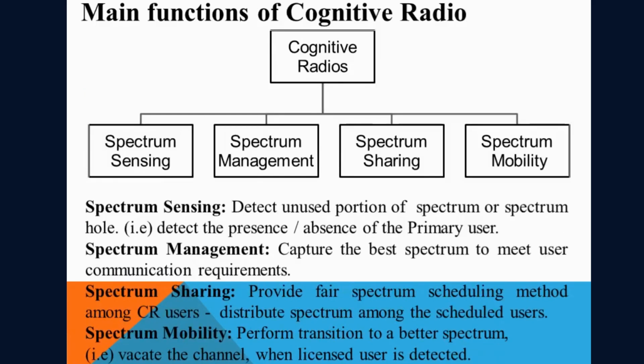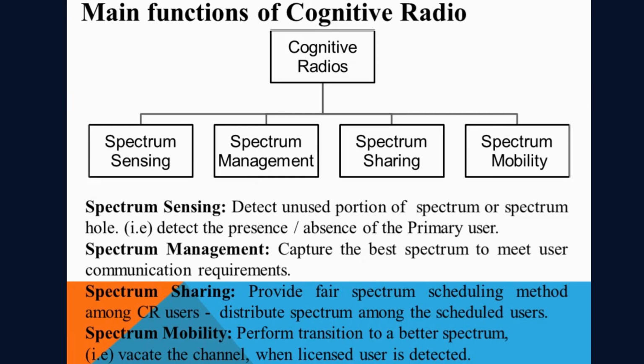The main functions of cognitive radio are spectrum sensing, spectrum management, spectrum sharing and spectrum mobility. The process of detecting the unused portion of the spectrum or spectrum hole, that is, detecting whether the primary user is present or not, is called spectrum sensing.